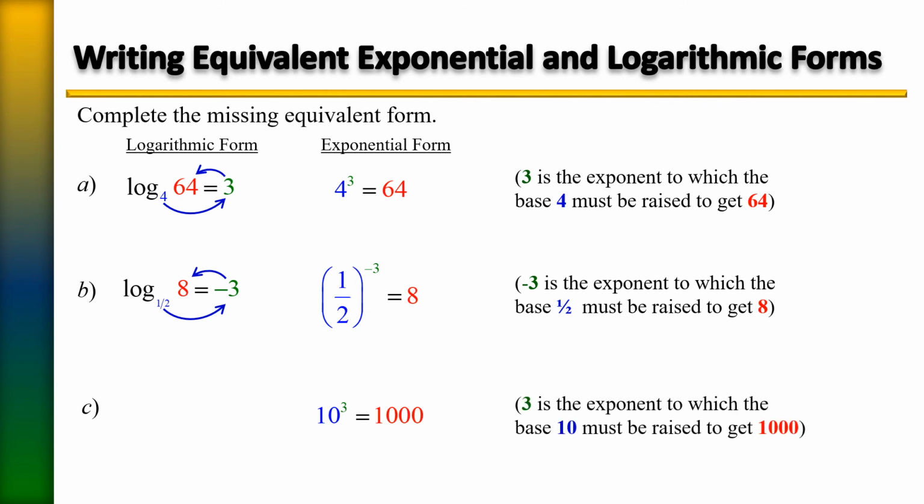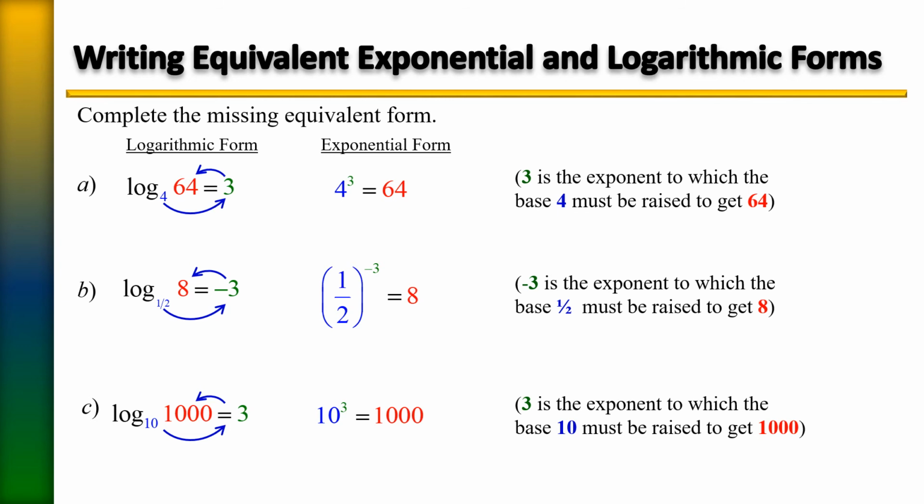We're saying that 3 is going to be the exponent to which we raise the base 10 in order to get 1,000. So in logarithmic form, remember it's sort of like that circle. It's going to be log base 10 of 1,000 equals 3. And there you have it.